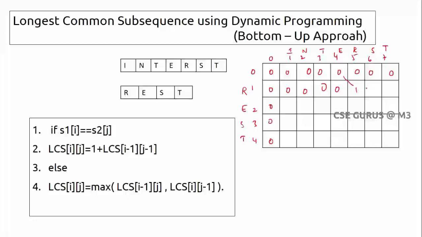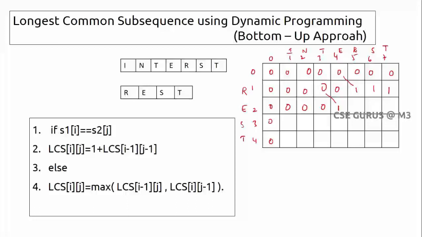Next R and S not matching, maximum of these two is 1. R and T not matching, 1 here. Now E and I not matching, so 0. E and N not matching, 0. E and T not matching, 0. E and E, yes, matching, so take here as 1.